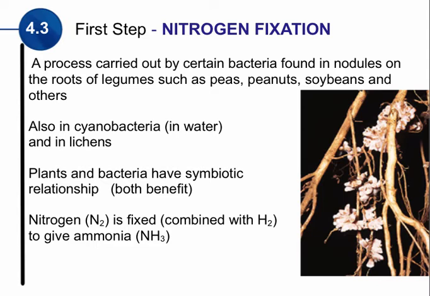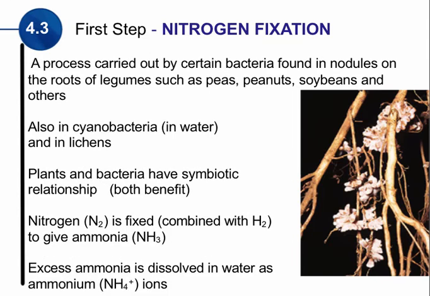So it's the bacteria that can actually take this strong bond of N2 nitrogen and combine it with H2 hydrogen to give ammonia. Any of this ammonia that's in excess is actually dissolved in water, and then it becomes an ammonium ion, NH4 ions. So it's very, very important for these plants to have both ammonia and ammonium, and it's a result of having this bacteria fix the nitrogen with hydrogen.